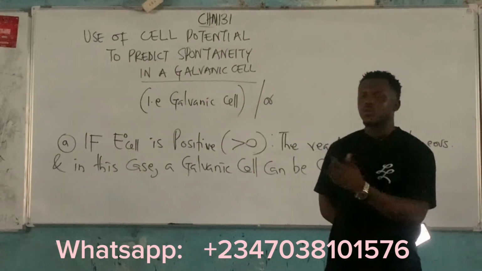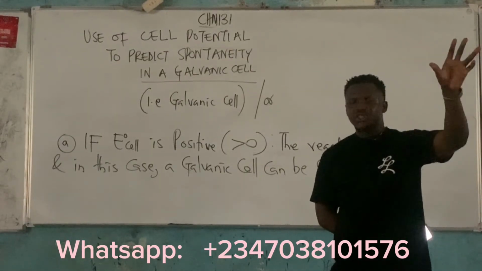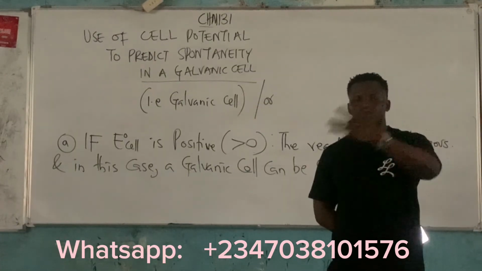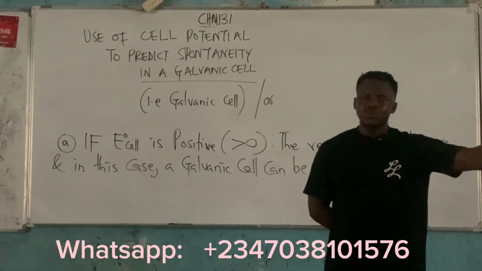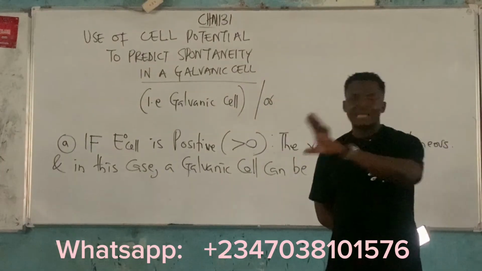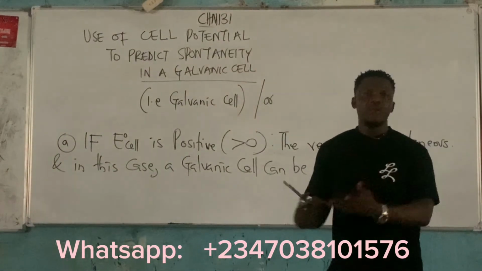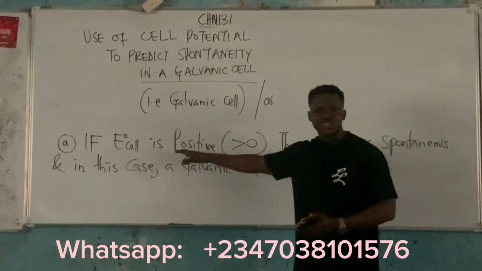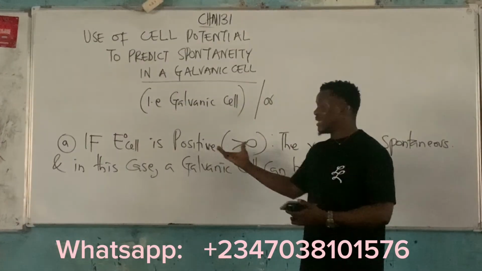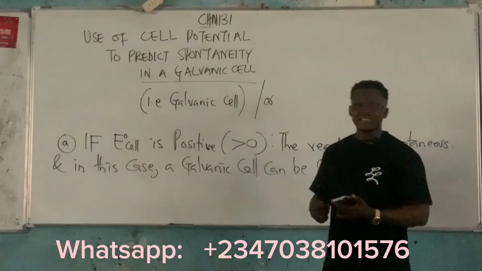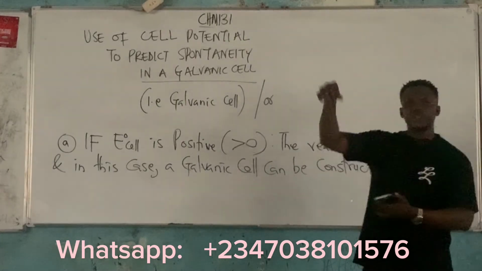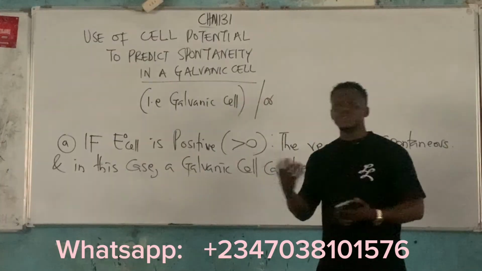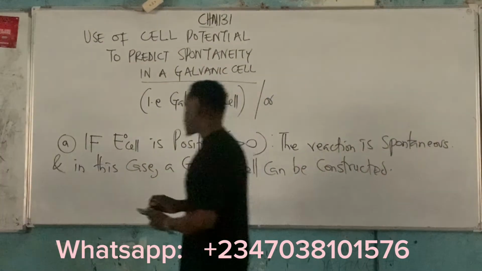Once they give you the two reactions, they'll give you the half cells, and that's what you're going to use to construct the cell. This one will be the anode, this one will be the cathode. Once you have your cathode and the anode, you're good to go. You can couple them and form a cell. But before you proceed with the coupling, you need to solve for the cell potential. If the answer is anything greater than 0, which means it's positive, it means that the reaction inside the cell will be spontaneous. So therefore, a galvanic cell can be produced in that case.